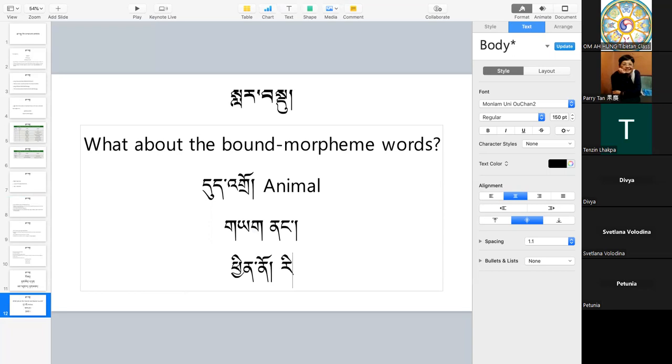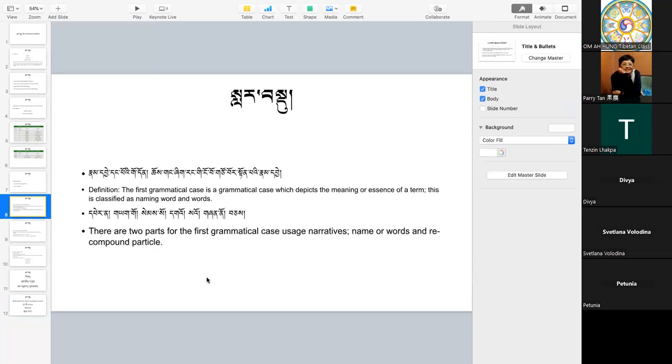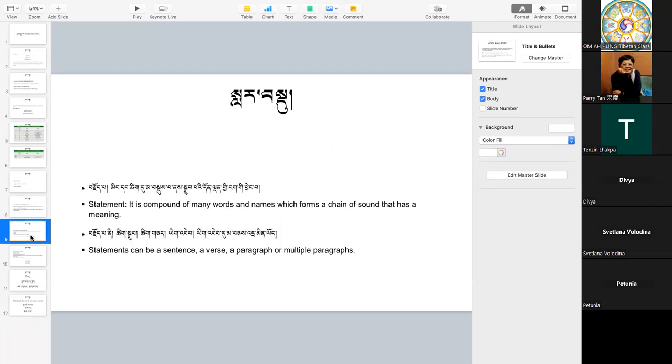And then adjective, ringo, which means long. Okay, so this is the first usage of the particle, the first grammatical case.